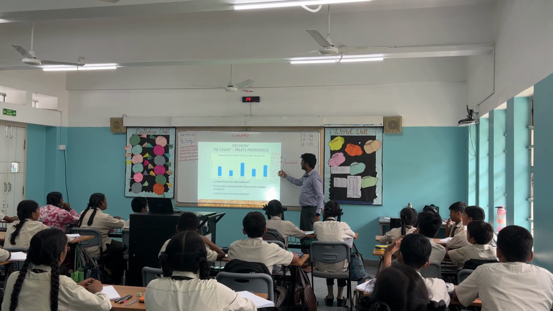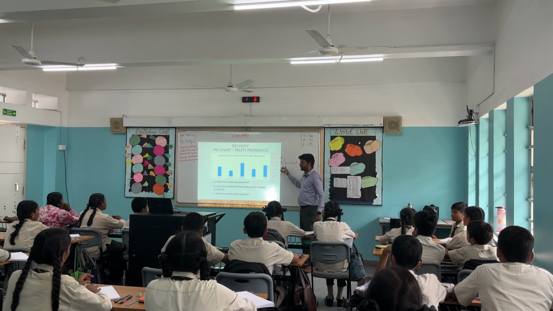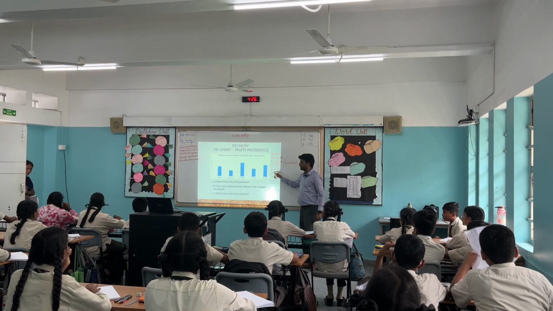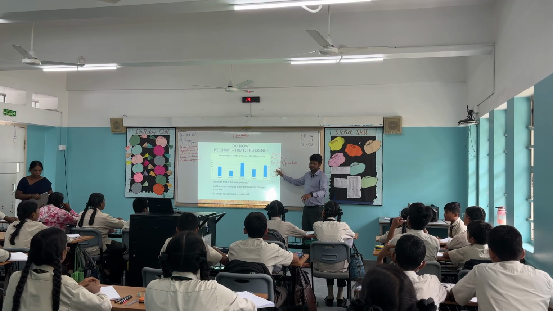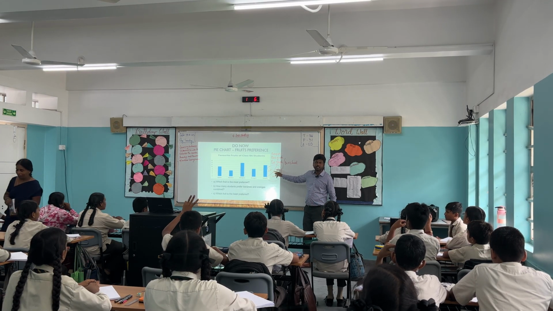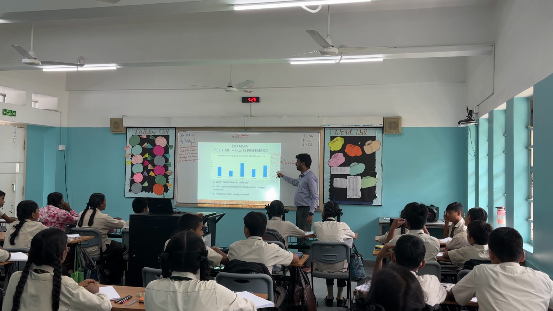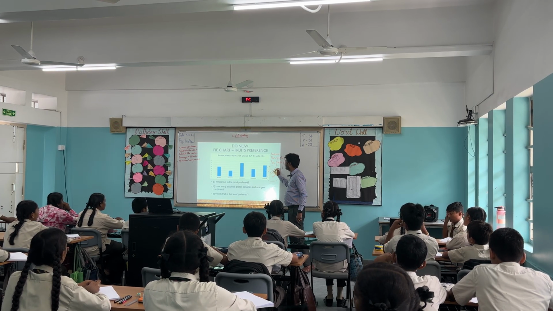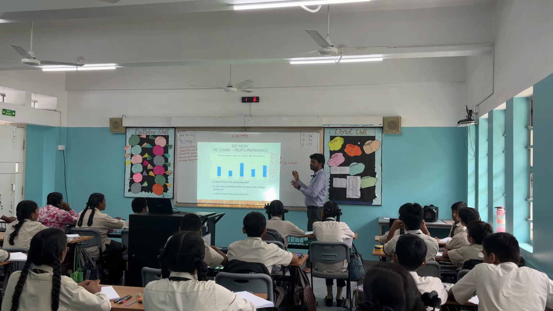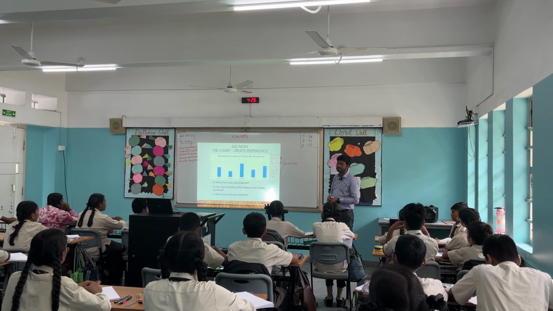In the same manner, when I construct a pie graph, in this one how many different divisions are there? 3 are there, right? Each division will have one specific angle, and based upon that angle we construct a pie chart.